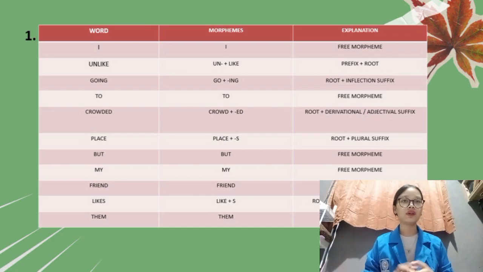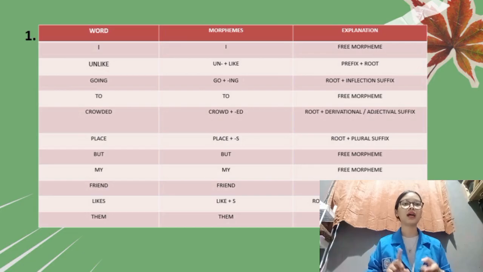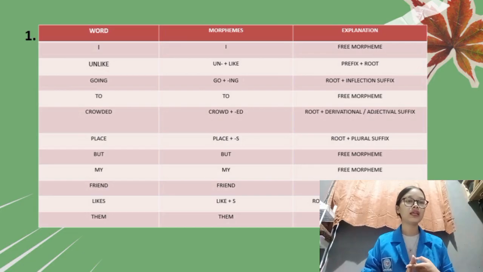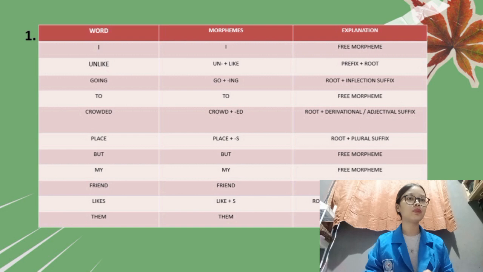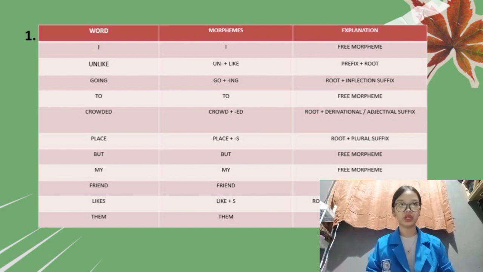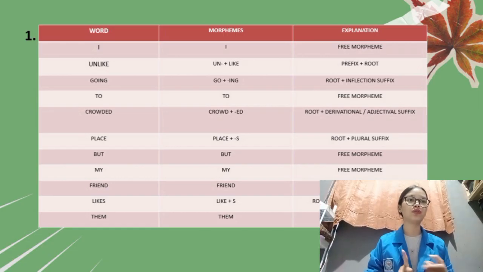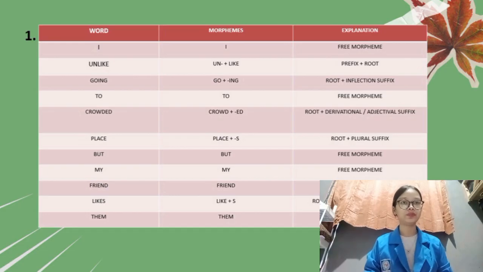The second, we have unlike. The morphemes are un plus like. Its explanation is prefix plus root. The third is going. The morphemes are go plus ing. The explanation is root plus inflectional suffix.